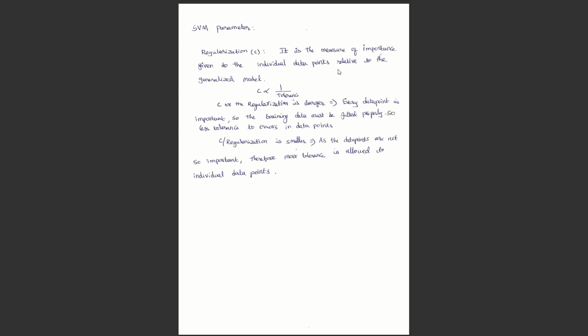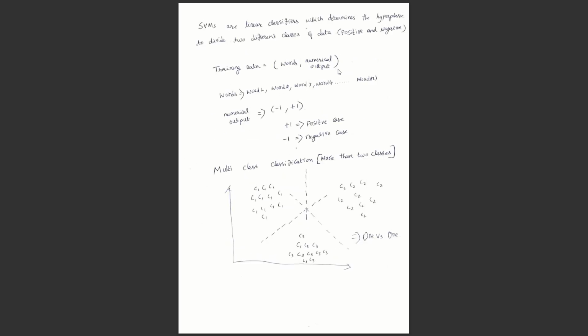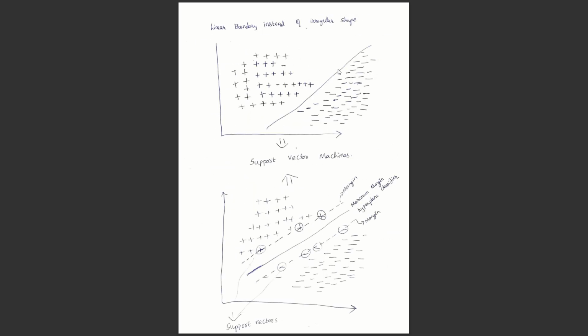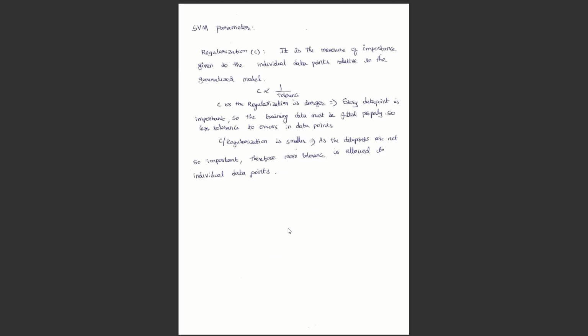So finally we come to some SVM parameters. For example, let's take regularization. It is denoted as C. It is the measure of the importance of the data points which are present in the model. Say we have here different data points, and these data points have some importance. That is measured as regularization C. It is inversely proportional to the tolerance.